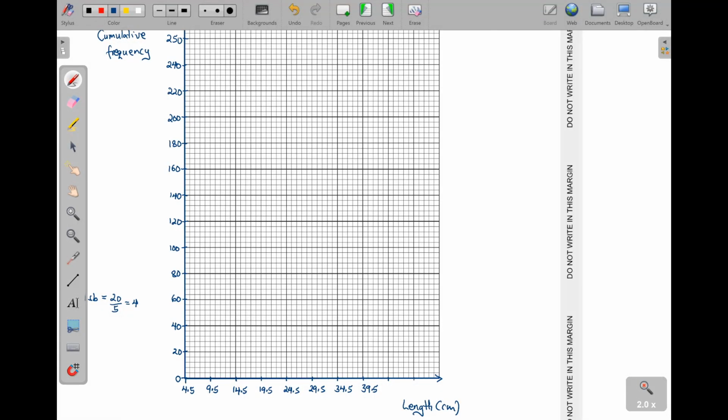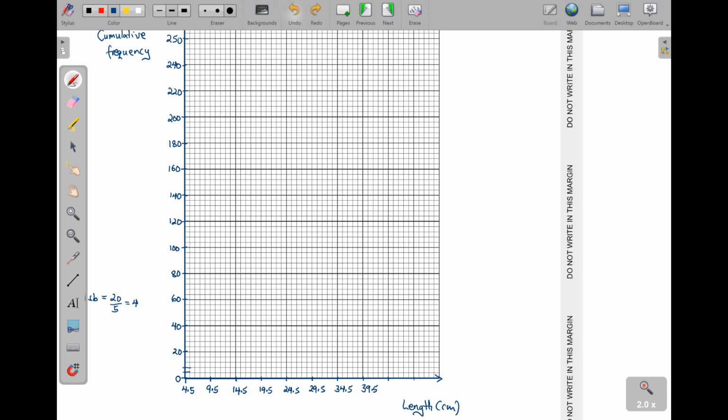You plot upper class boundaries, not lower. So 18 divided by 4 gives us 4.5. So 4 small boxes, 1, 2, 3, 4, then 0.5, it has to be in the middle.